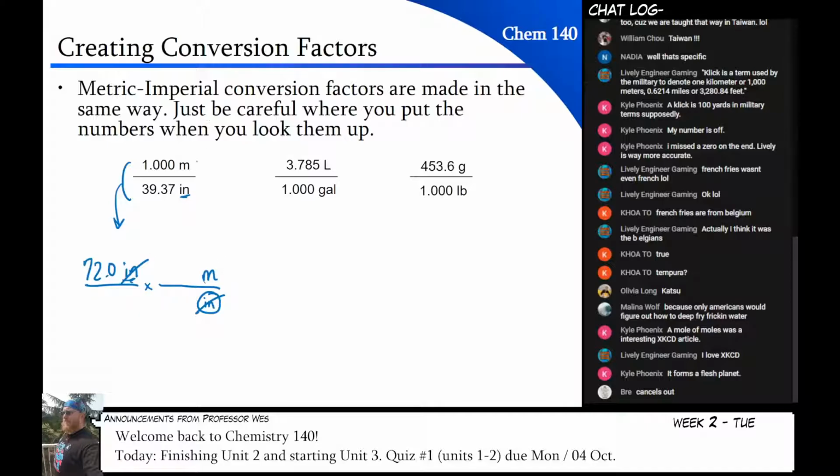And then I'll just put the other unit in there, and then I'll fill in the numbers, right? So how tall am I in meters? 72 over 39.37 says 1.83. And there you go. So this is how we're going to be doing basic dimensional analysis.